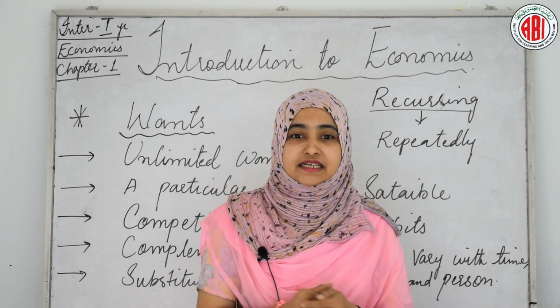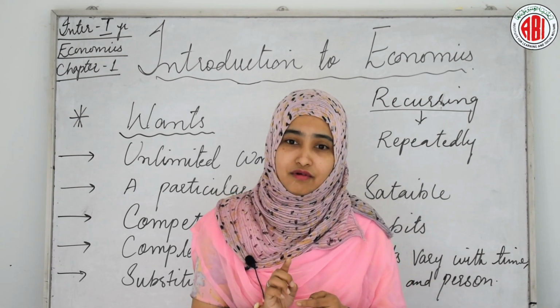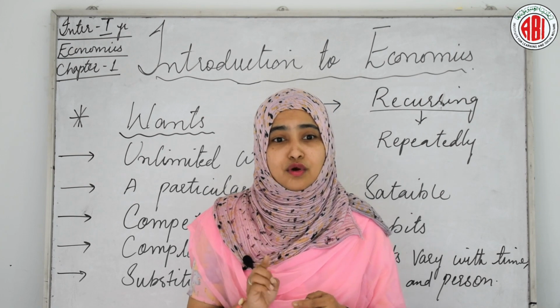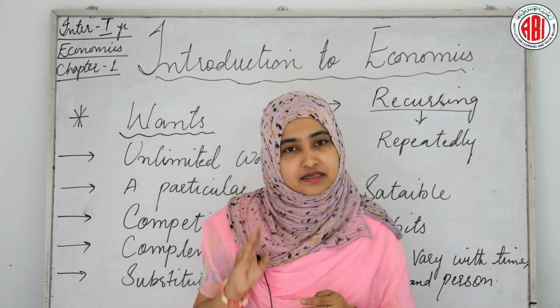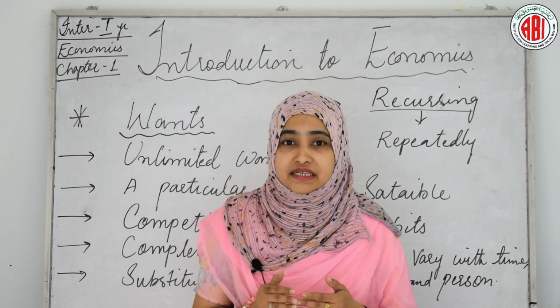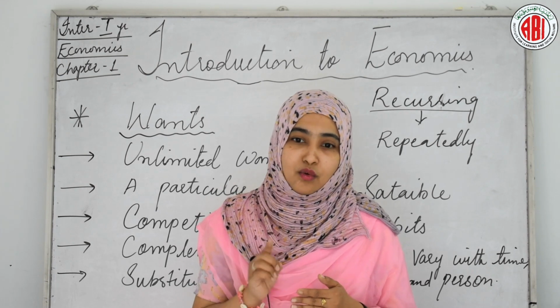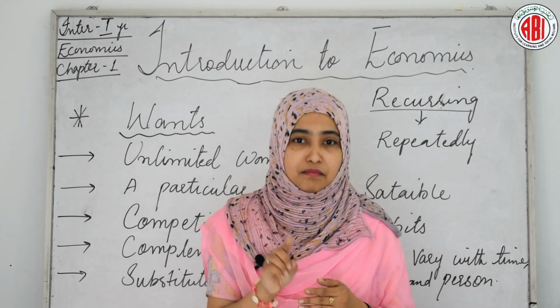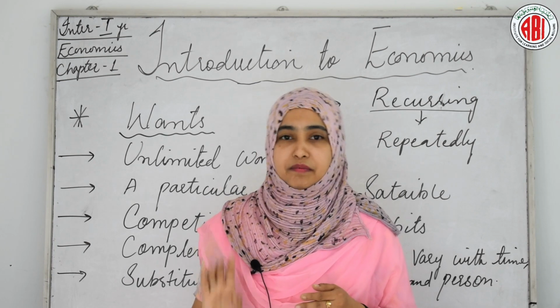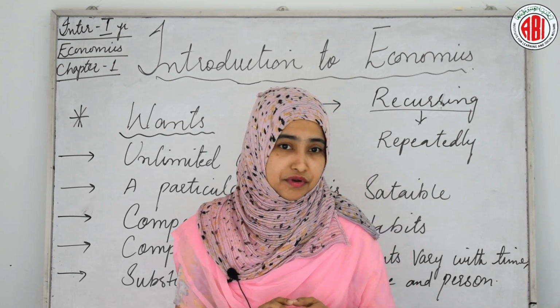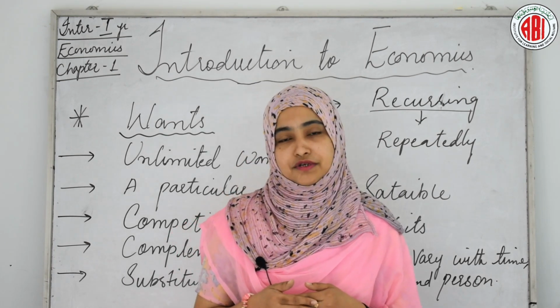We will see. Satisfaction of a single want requires the use of various commodities. For example, the writing need is satisfied only when we have a pen, ink and paper. Getting here, what is complementary? After complementary, substitution is there.